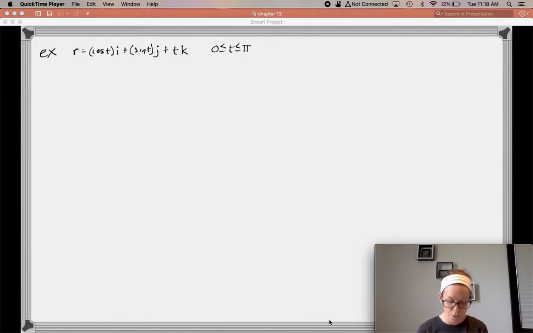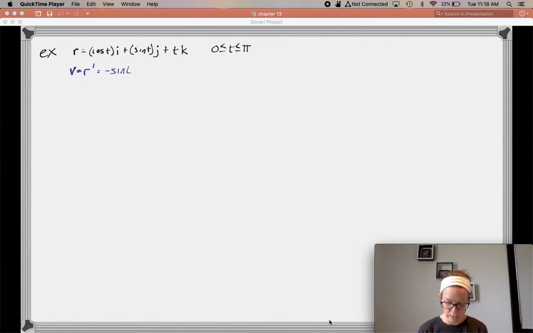So if we want to find that unit tangent vector, that's what your homework assignment is going to ask you to do, is find that unit tangent vector and then find the length. So for the unit tangent vector, we need to find v. If we have r, then v is r prime, right? So velocity is the derivative of position. So we're going to take our derivative.